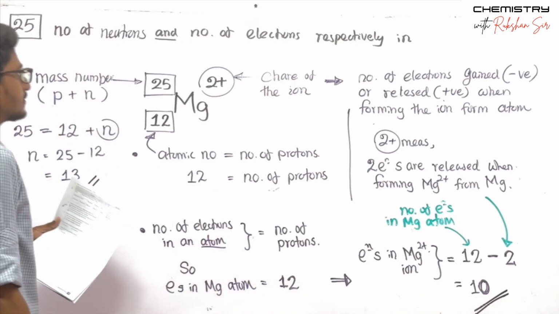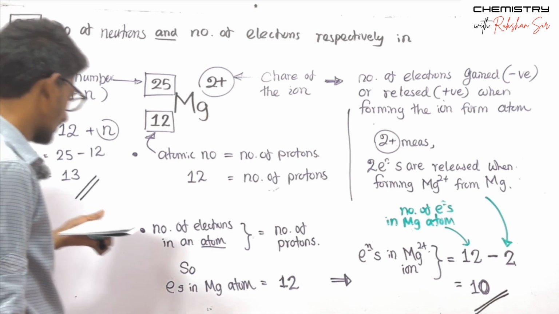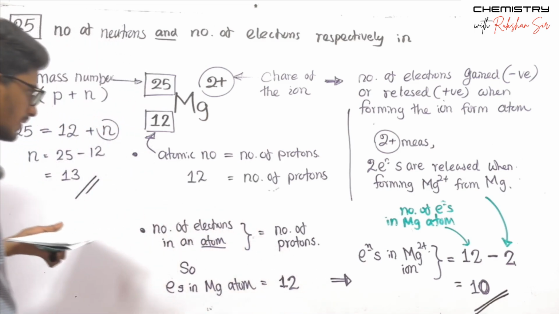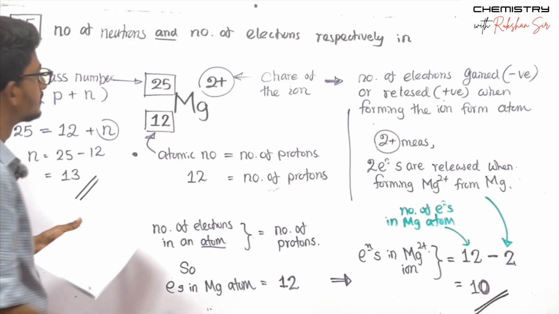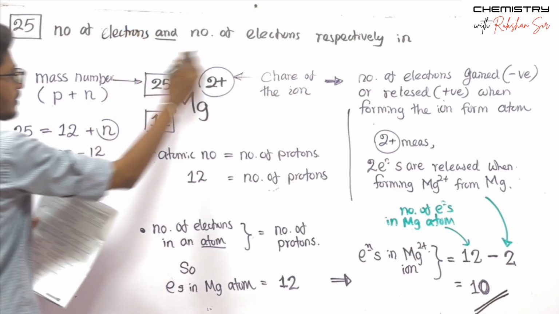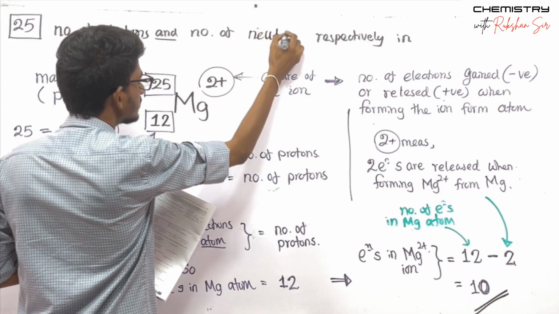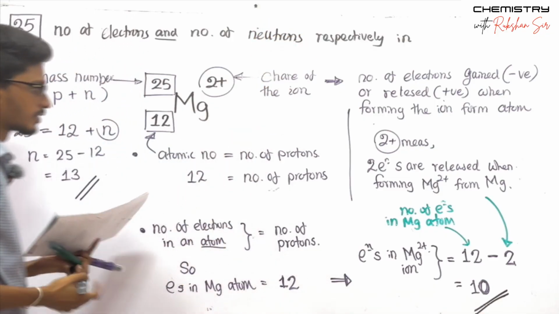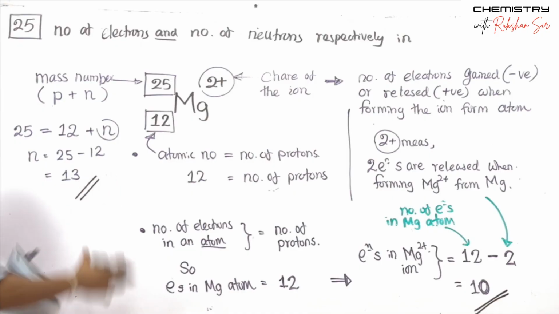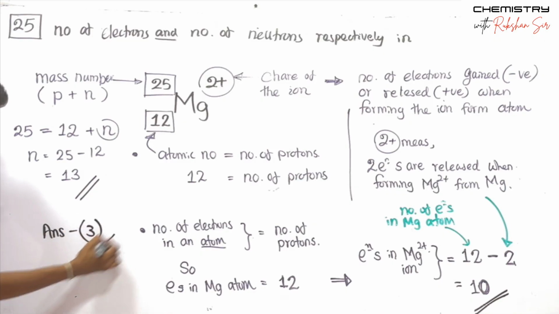Electrons and neutrons: first the electrons, 10, then neutrons, 13. So 10 and 13. The answer is answer number 3.